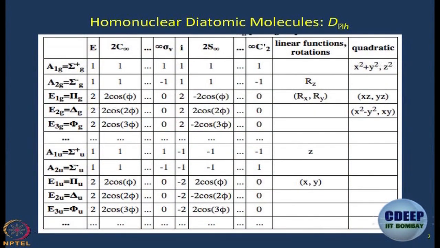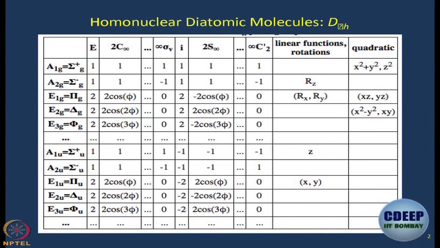So then how do you write the character table for such an infinite point group? See, H2 is the simplest molecule that we can think of, but its character table turns out to be as complex as it can be, maybe not all that complex also.